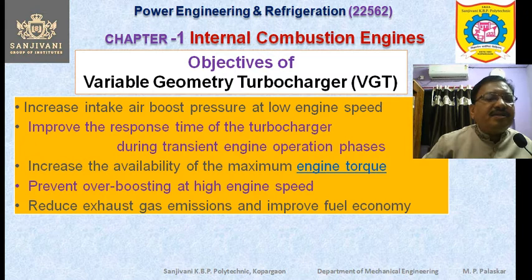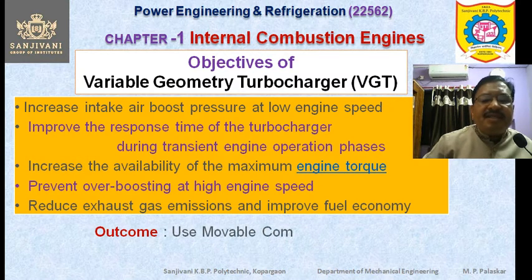The pollutants should be less harmful, fewer pollutants should be emitted, and the fuel economy should also be improved. The efficiency of the engine should also be improved. That we have to obtain. This is all that we desire from a variable geometry turbocharger.